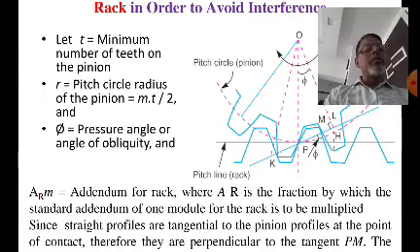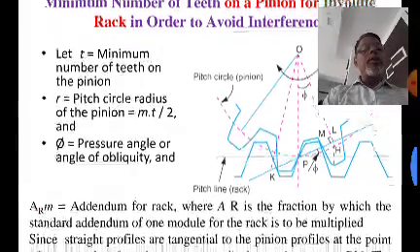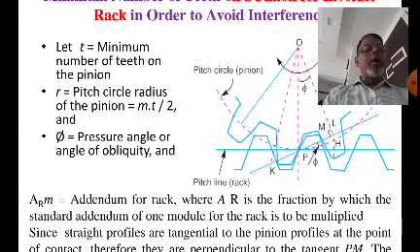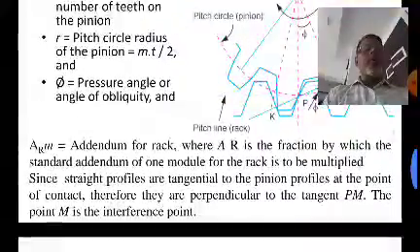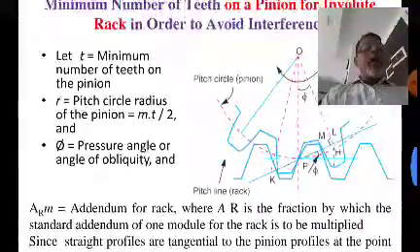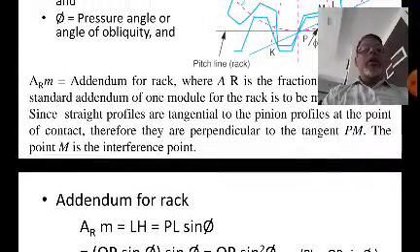You can see here the inclined line drawn to the profile of the tooth of the rack, it is perpendicular, right? And therefore the point M is the interference point.